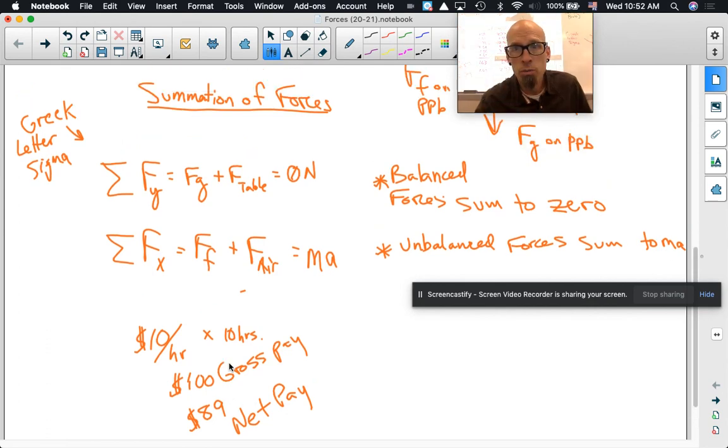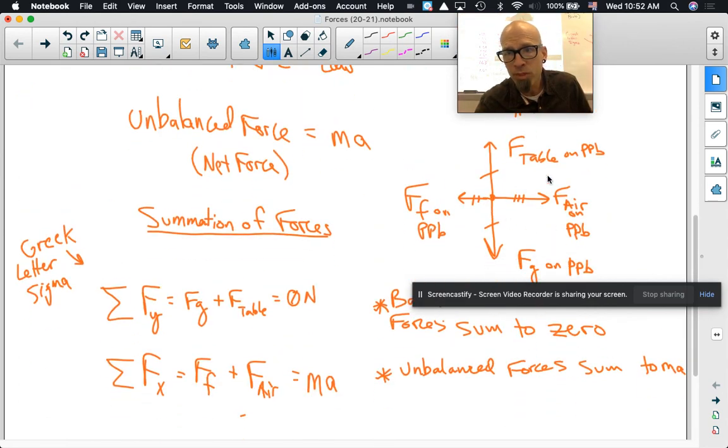If you think in terms of this force diagram, the force of air on the ping pong ball is what it's being pushed with. But not all of that is making the ping pong ball accelerate. We have to take away the minuses here. There's a certain amount of negative force acting on the ping pong ball that keeps some of the force of air from making it accelerate.